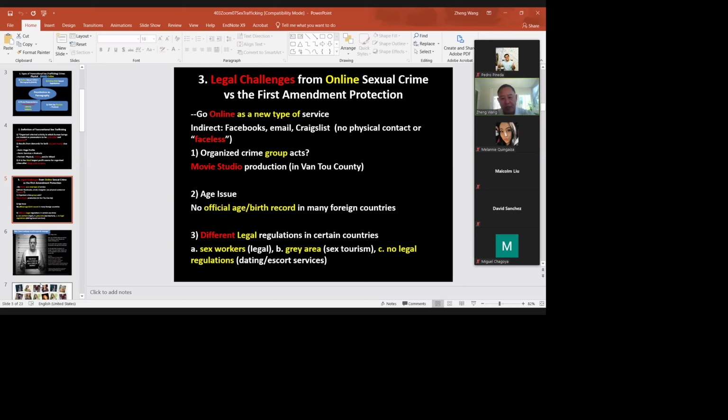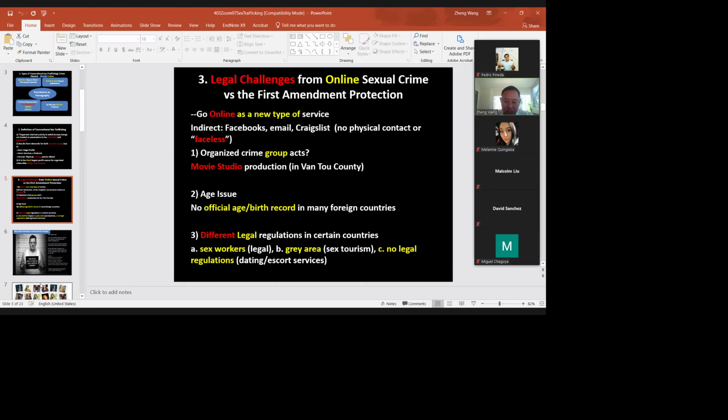The age issue means the victim is underage but is either smuggled into the United States or is a child of immigrants, and the legal issue lies here. In that country, say Cambodia or Laos, there's no official birth certificate.